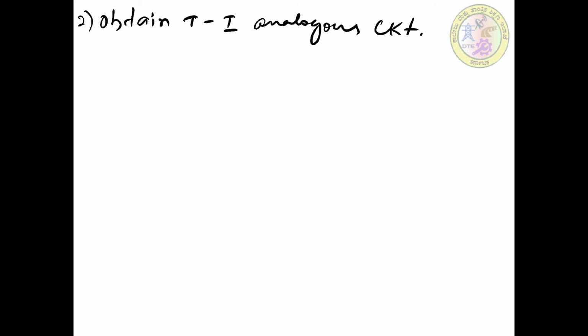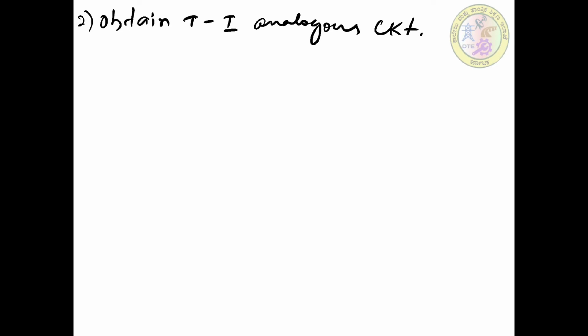So example 2 is obtain torque current analogous circuit for the given mechanical system.